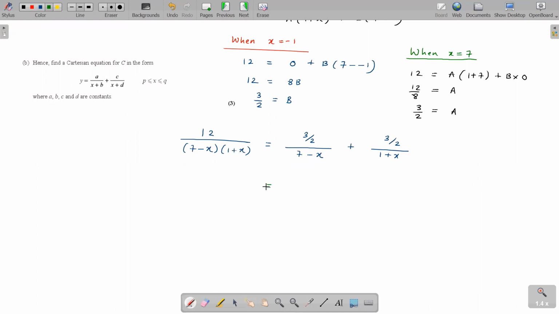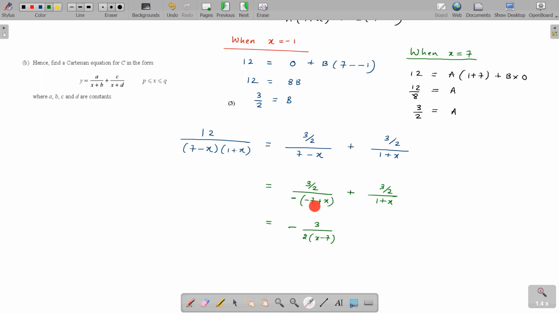Shall we fix that? So this is 3 over 2 divided by, let me take a negative sign out, and I get minus (x minus 7). Are you with me? Plus 3 over 2 times 1 plus x. So this is minus 3 over 2 times x minus 7. Do you agree with me writing x minus 7?